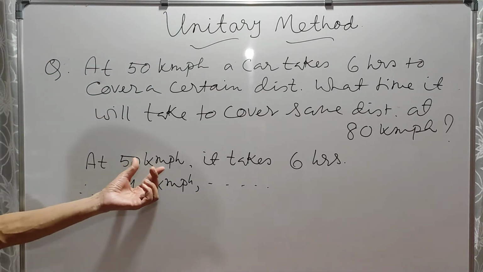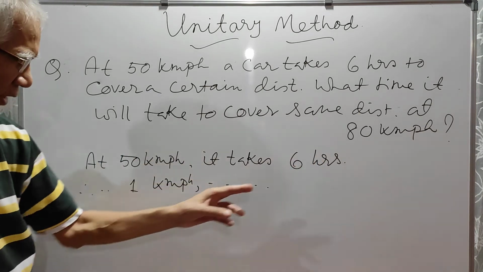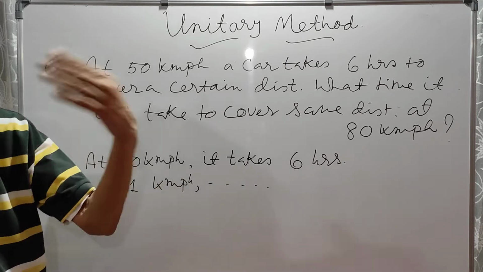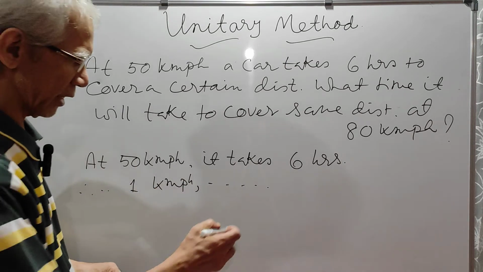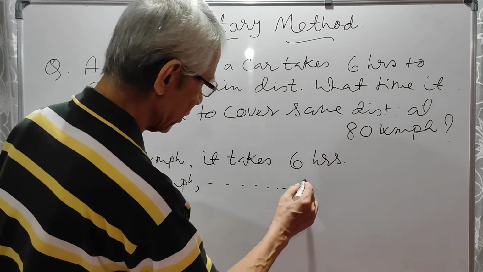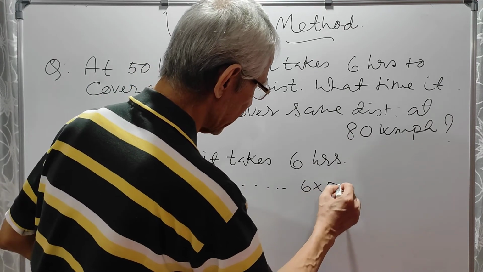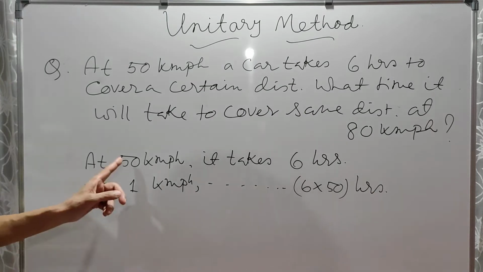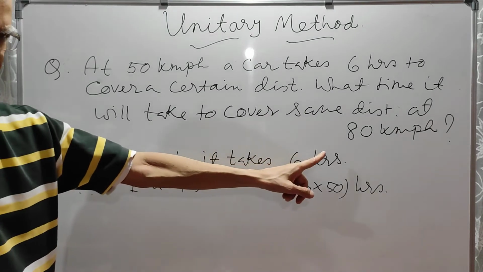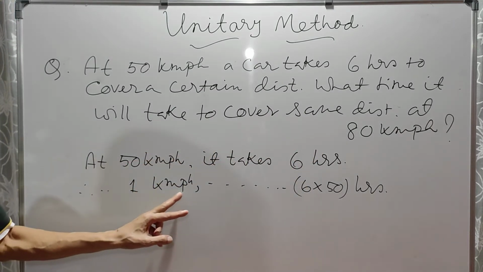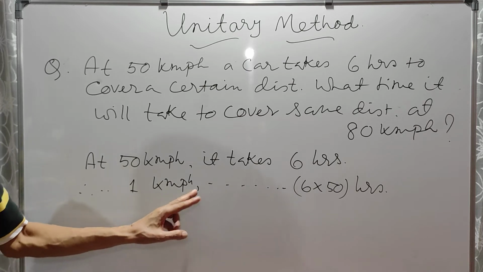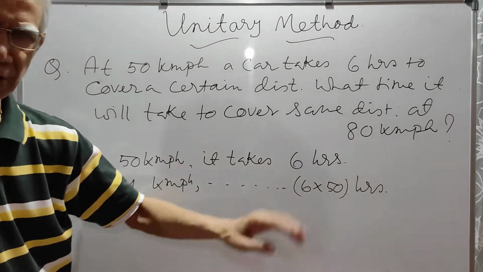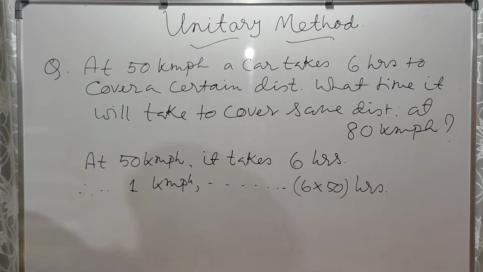At 50 kilometer per hour it takes 6 hours. If it travels only at a very low speed, 1 kilometer per hour, definitely it will take more time. Therefore, you have to multiply 6 into 50. So it will take 6 into 50 hours, that means 300 hours. Okay.